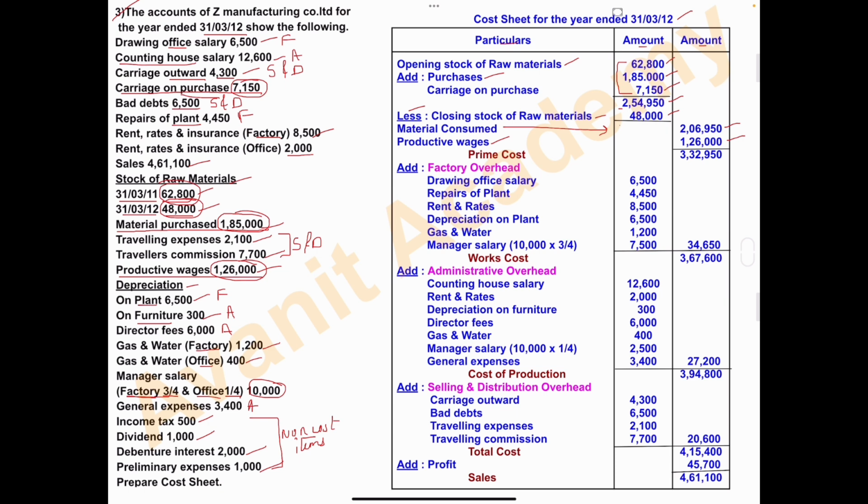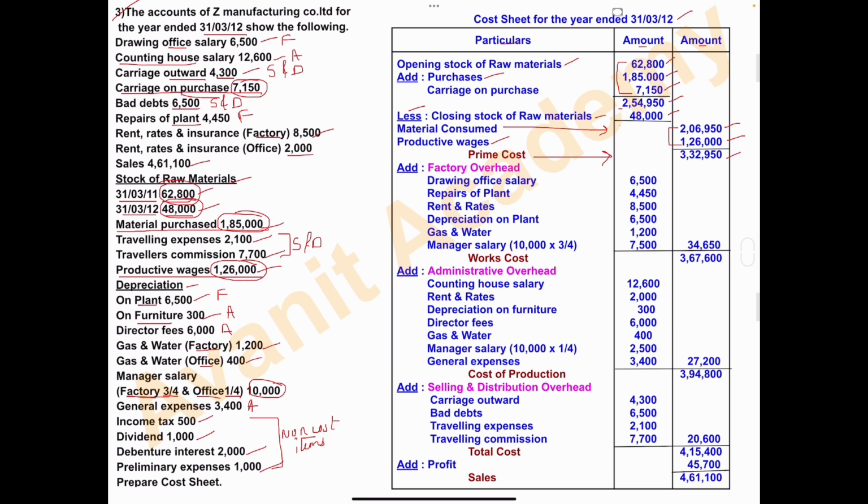All the direct expenses, direct wages, direct labor you have to take before prime cost. Add these two amounts: 2,06,950 plus 1,26,000, and the total is 3,32,950. The total of raw material consumed and direct expenses is called prime cost. So this is 3,32,950, right? Prime cost.